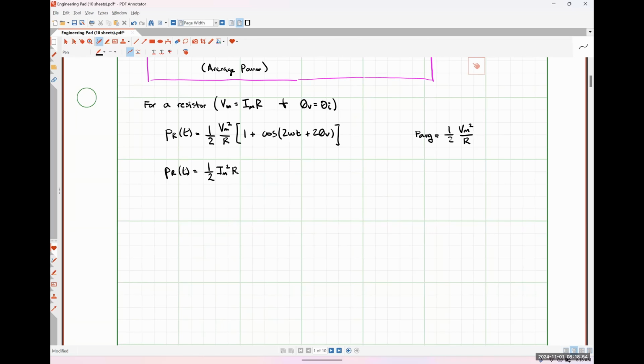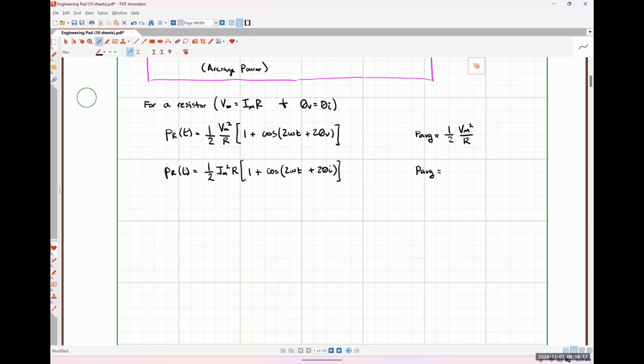We leave the Im alone, we substitute Im times R for Vm, multiply those guys together, we get Im squared times R. Cosine of 0 is still 1, so this is now just going to look like 1 plus cosine twice omega t plus twice theta I.